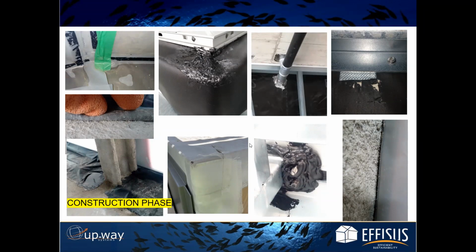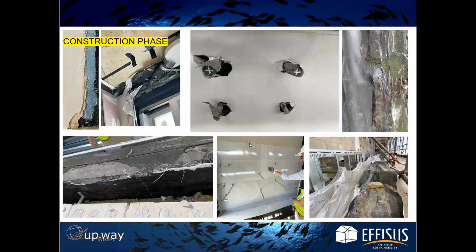So I believe all of these pictures show you exactly the kind of problems that you can find at site. For instance, here on the top, on the left, on the right bottom part of these pictures, you can see membranes not being well applied, and these kind of problems generally lead to future problems on those buildings where they are being applied.